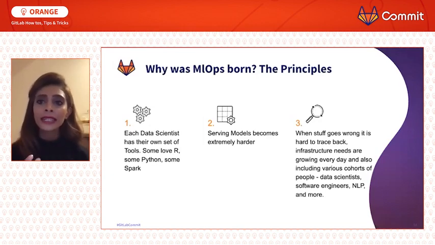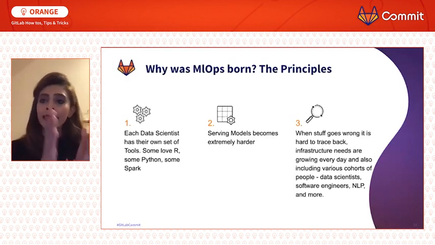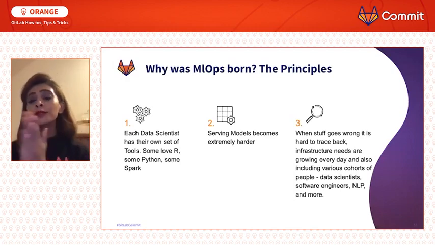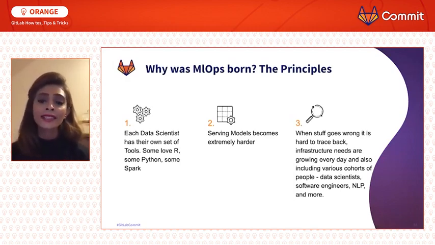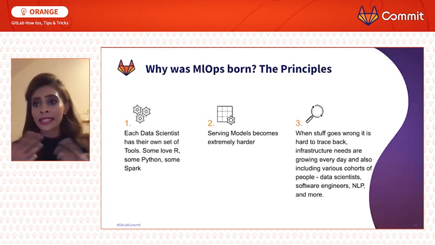And currently we are at a very interesting stage of people moving from AI model proof of concept to full production, and so there is a need to deploy more and more models. As the need grows, the data is growing, and the infrastructure needs to grow. At the same time, the cohort of different people building a model is also growing.